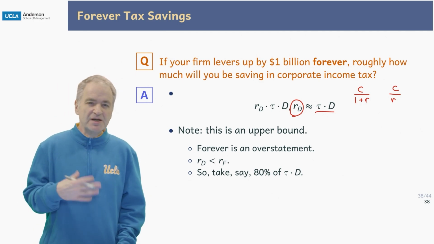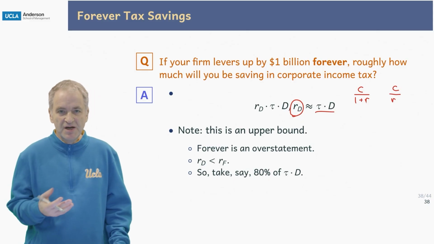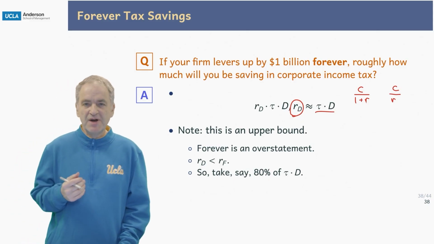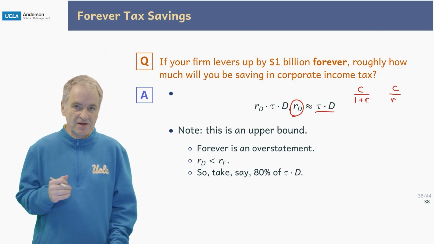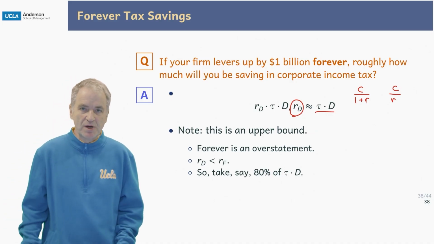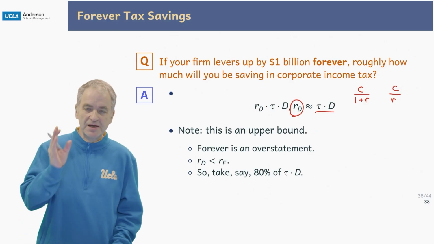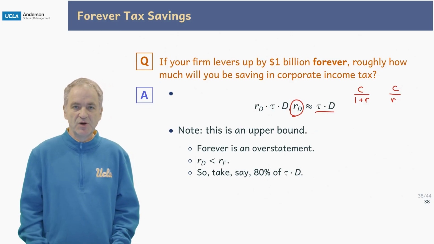I'm screwing up a little bit on the cost of capital, whether I use RD or RF, but it's roughly okay if you sit in an executive meeting and you're thinking about, well, if I'm going to lever up by $1 billion, roughly how much should the value of my firm increase right now, this moment?